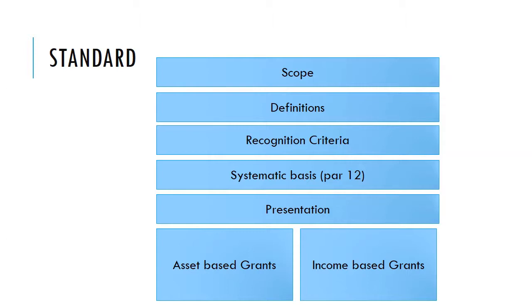Then it doesn't matter if you have an asset or an income-based grant, both of them have to be amortized on a systematic basis in terms of paragraph 12 to profit and loss. So we've dealt with everything in terms of IAS 20, and you guys can look at your handouts for questions and solutions.